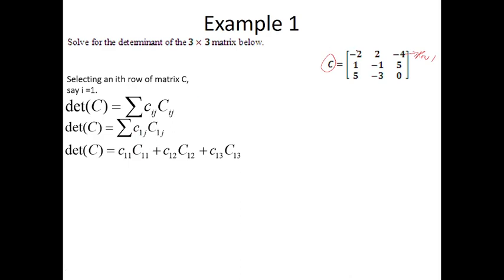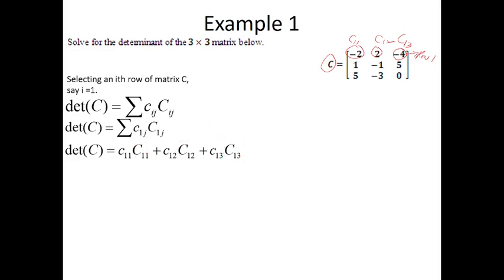So, this is C11. This is C12. And this is C13. First row, first column, second column, third column. Okay? And then, cofactor C11, cofactor C12, cofactor C13.